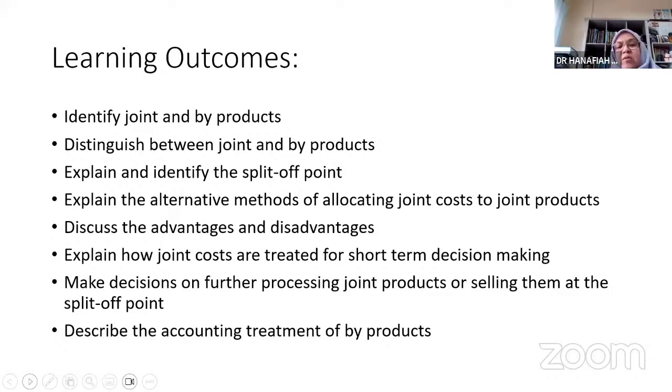Explain how the joint cost is treated for short-term decision making and make a decision on further processing joint product or selling at the split-off point, and hopefully you can describe the accounting treatment of by-product.